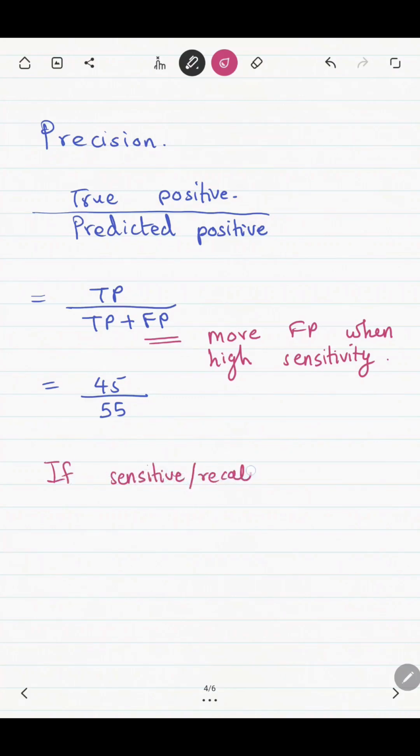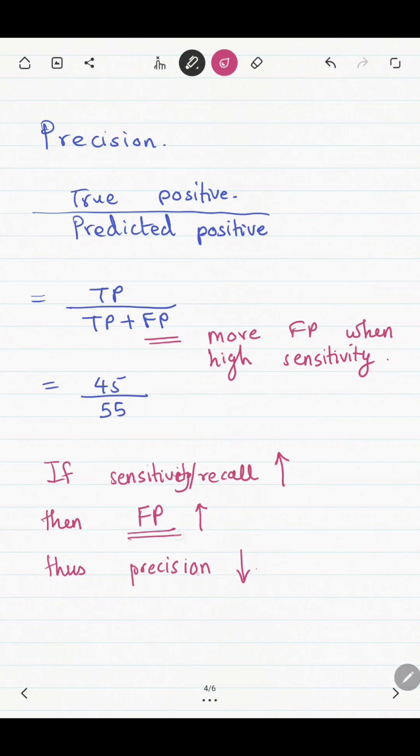So I will make my model as sensitive as possible, and it is possible that it marks many of the negative cases also as positive, only to make sure that it does not miss any true positives. So false positives will also increase. If my recall increases, the denominator of precision will increase, so my precision will drop.